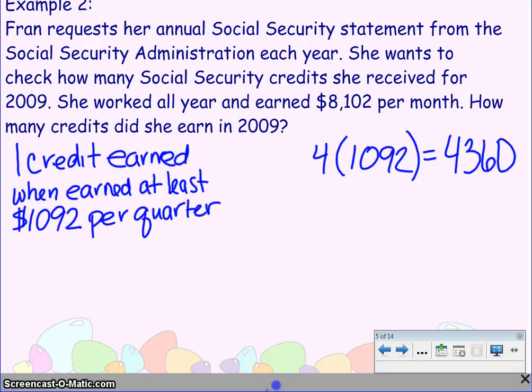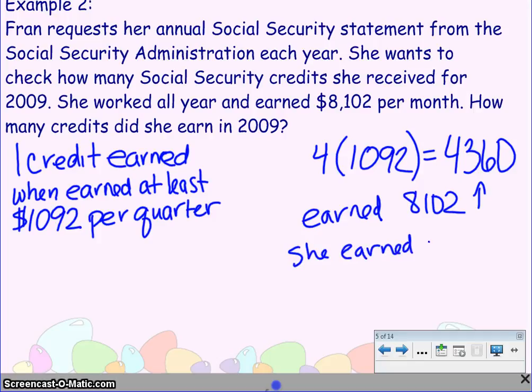We know that she earned $8,102, which is clearly over the $4,360. So on her statement, she earned all 4 of her credits for that year. So in 2009, she earned 4 credits.